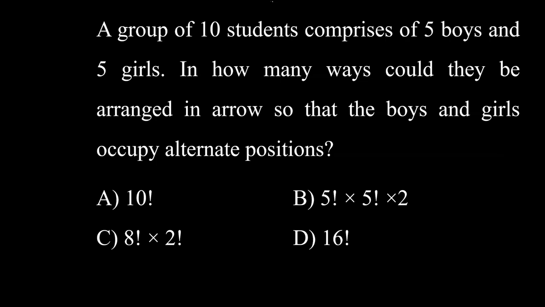This is alternate. Alternate means boys not together, girls not together. Among 10 students, having 5 boys and 5 girls, boys and girls occupy alternate positions.